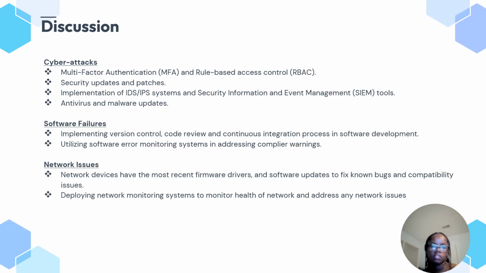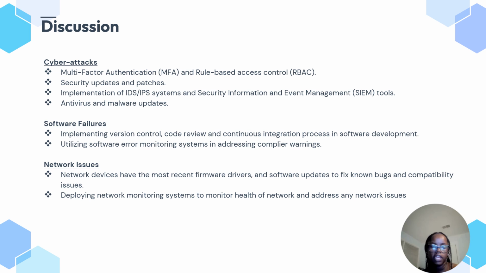The risk mitigation strategies for cyber attacks were having a multi-factor authentication and a rule-based access control, being able to update security patches, implementing intrusion detection systems and SIEM tools, and updating antivirus and malware.